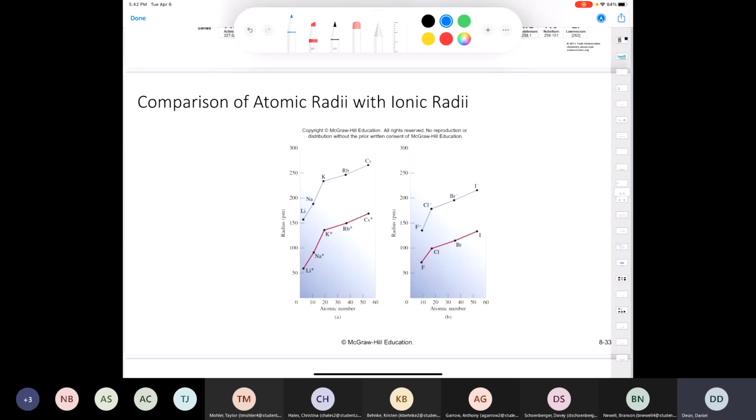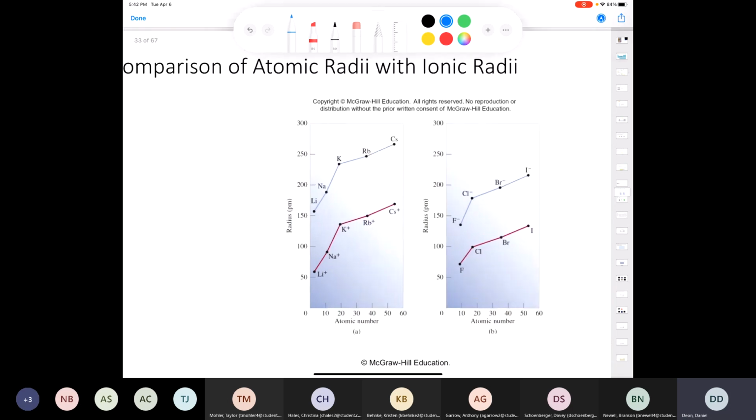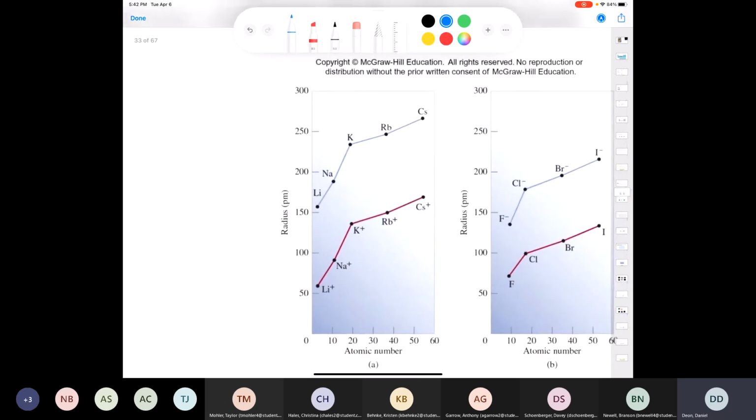We see that the trend is, as we go from a lithium element, its pure form, to a lithium cation, the size of the ionic radius is less than that of the atomic radius. And that's the trend we see all across the board. We go from lithium to sodium, potassium, and so on, and you see that all of their +1 cations are smaller.